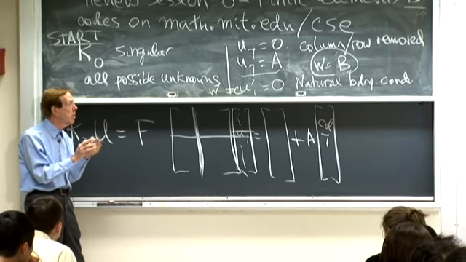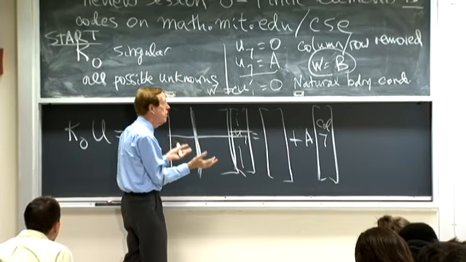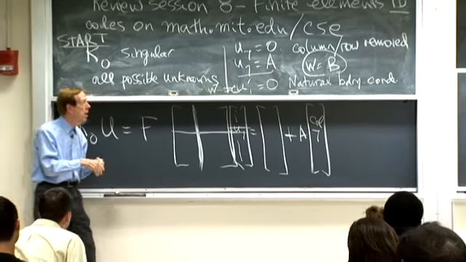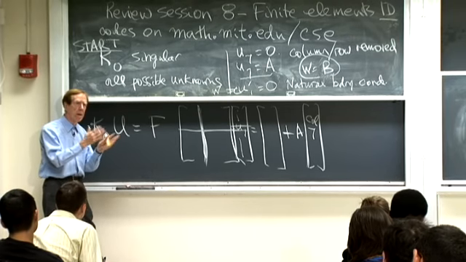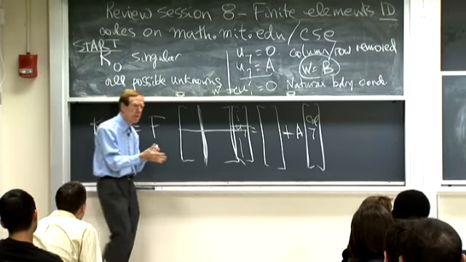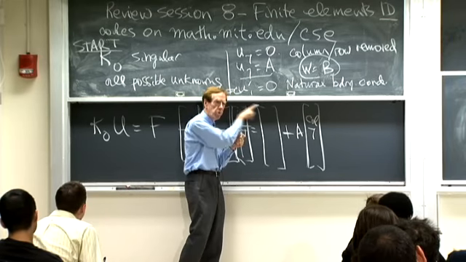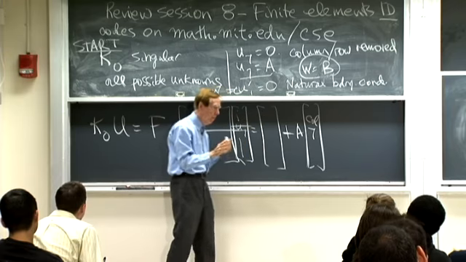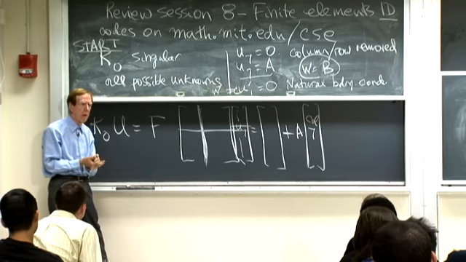It's going to contribute some new term, as well as when we integrated by parts to get to the weak form, this guy has showed up. And up to now, we've just assumed that B was 0 and we didn't worry.